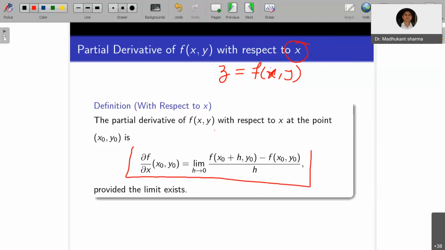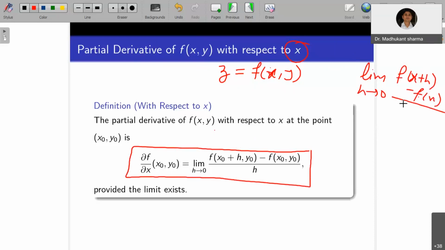If you recall from the single variable case, what was the definition? That you have the limit as h tends to 0 of f of x plus h minus f of x divided by h. Okay, now you can look at it here. So function of two variables. So y naught is fixed, so there is no movement in the y direction.